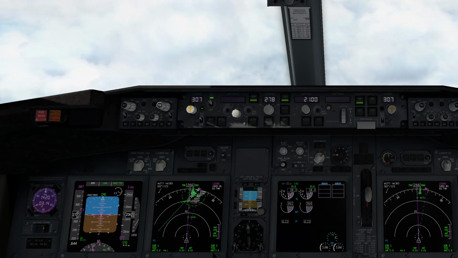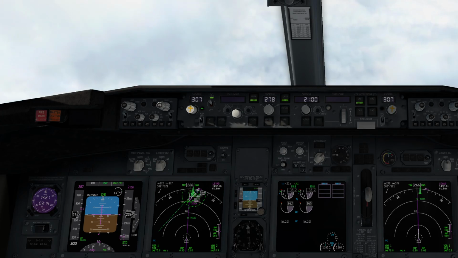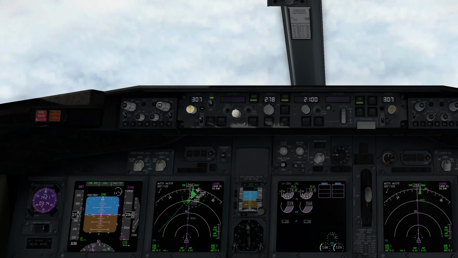So Gander VOR is at 71.5 nautical miles. We are nearly doing a straight-in approach to runway 31. And now again the thrust is going up to 80% from idle.